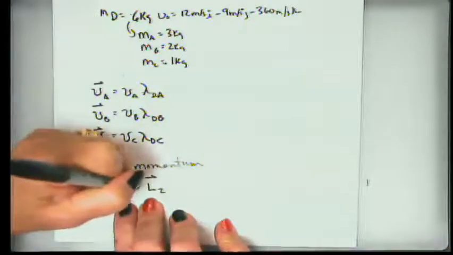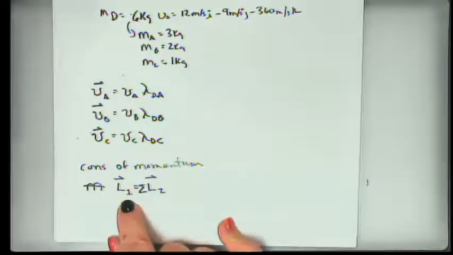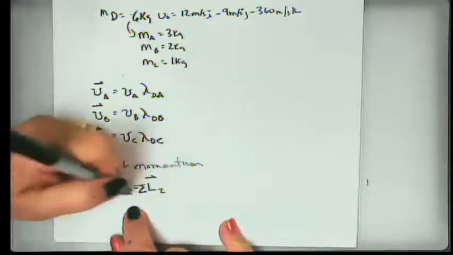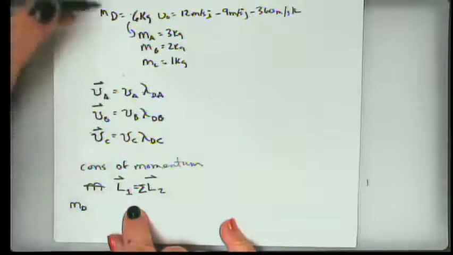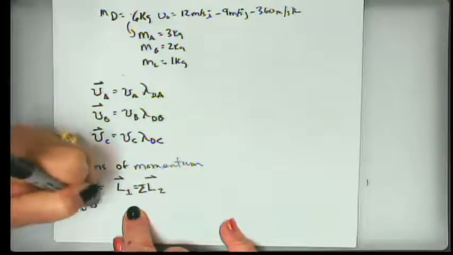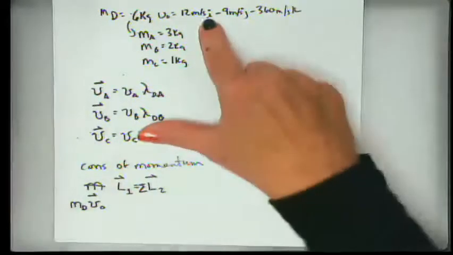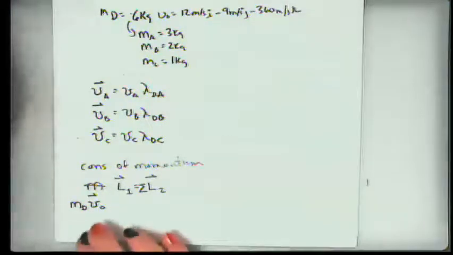But we know that afterward we have a summation. We also know that these things are vectors, so that L1 is m_D, the whole shell, times the velocity vector before it explodes.